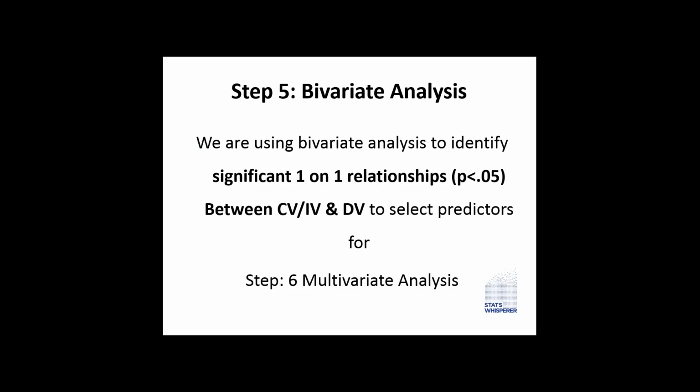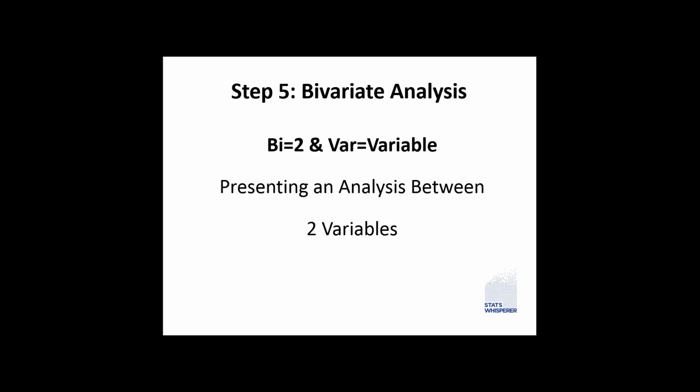Then of the significant ones, we want to see the strongest predictor. So what we're doing here is we're seeing with one-on-one tests which variables are significantly related to the dependent variable class attendance all by themselves. Right? So by, meaning 2 variables, an analysis between 2 variables.